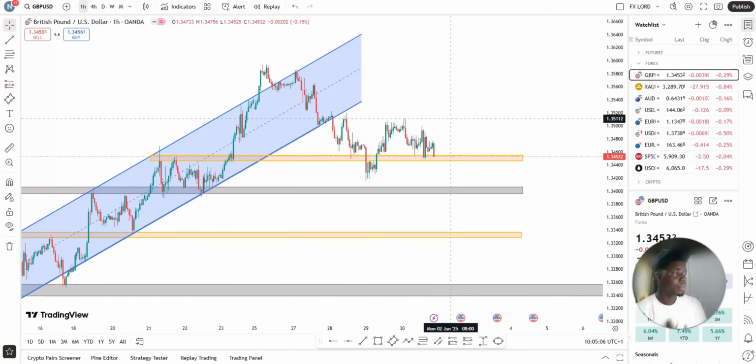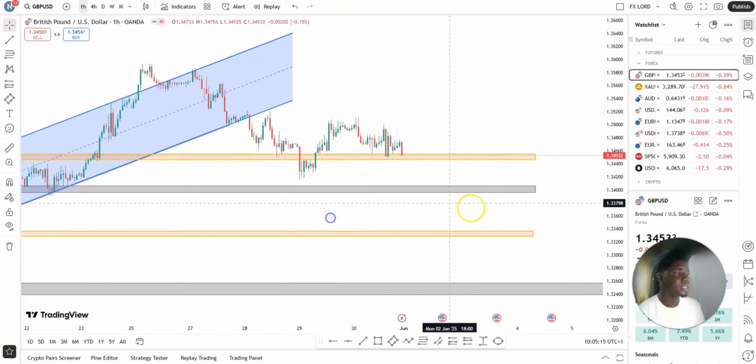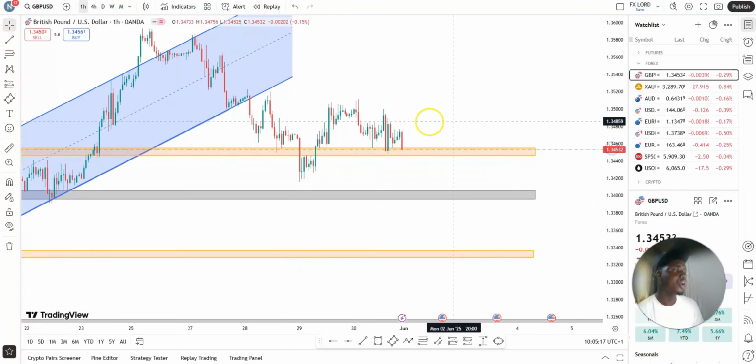So my bullish scenario on GBP right now is the market doing something like this. Let me just zoom in a little bit. Is the market doing something like this? We already have a bearish engulfing candle right here. Because price is still in an uptrend, what I'll be looking for first is a buy position.